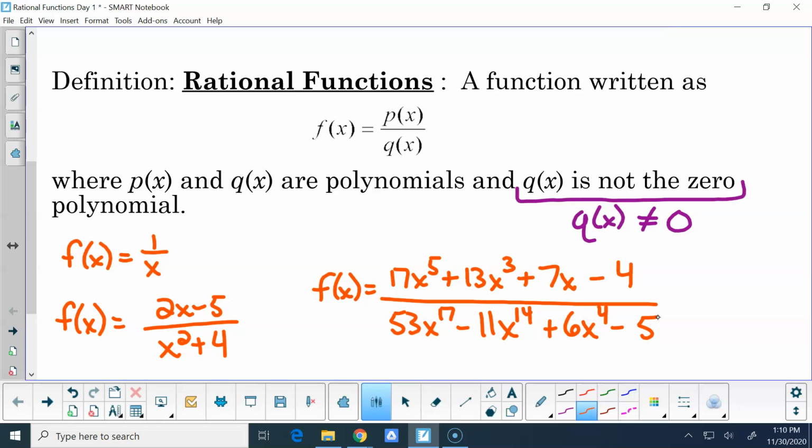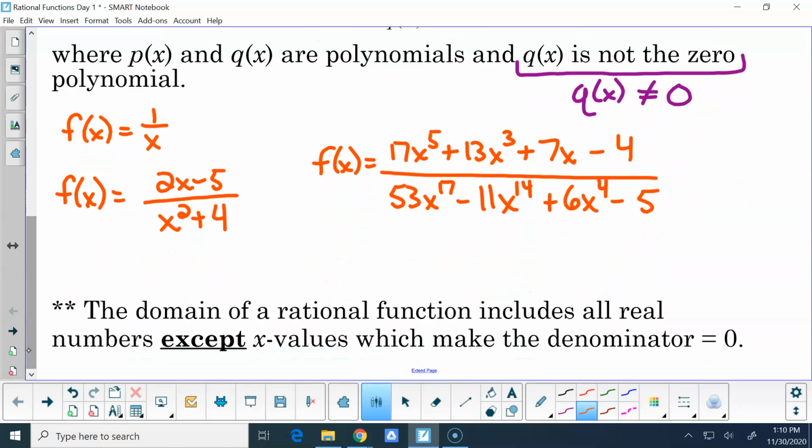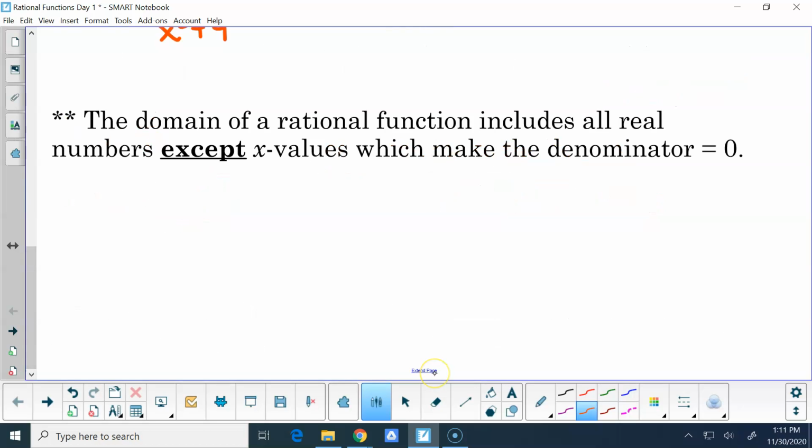Okay? So those are all rational functions. Okay? Now, the first aspect of rational functions that we're going to explore is the domain. What numbers can we put in?